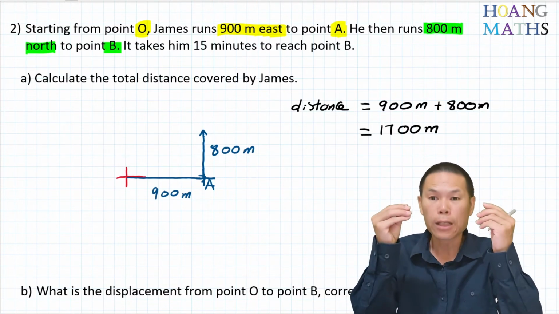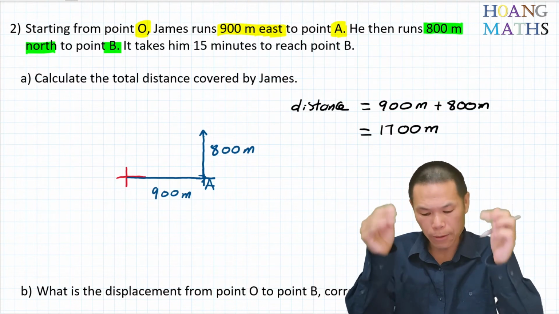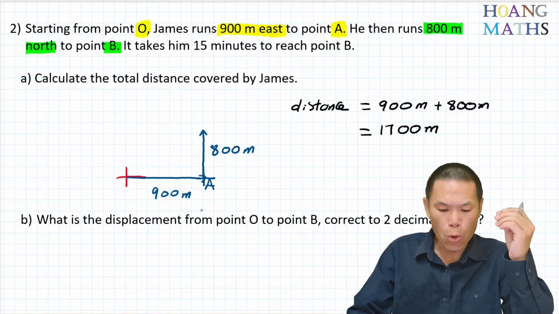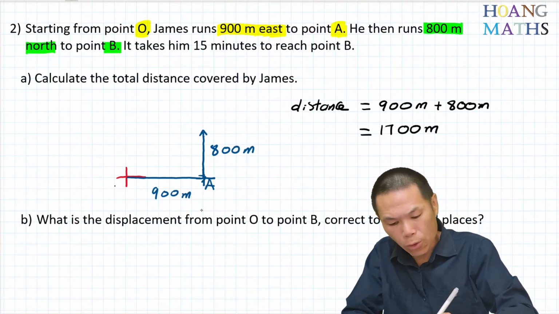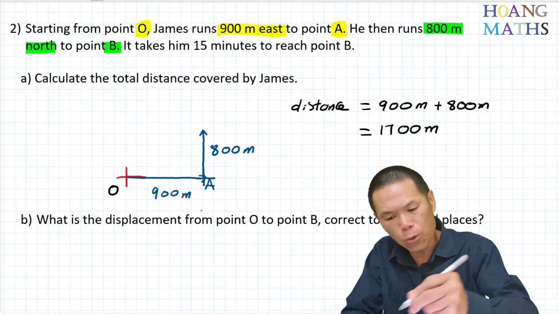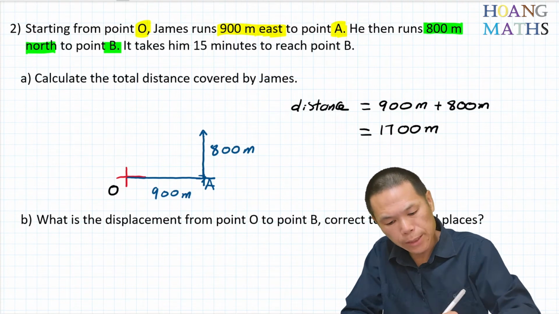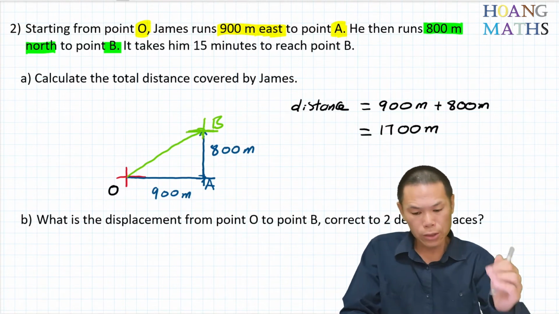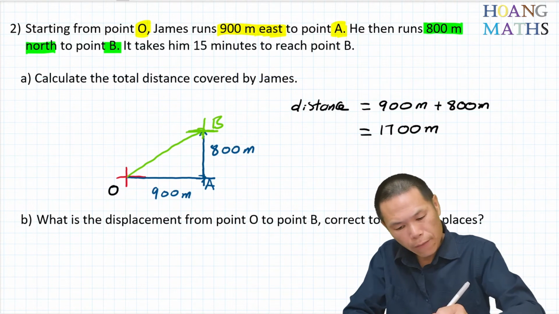That is the total distance that James covered. Now part B. What is the displacement from O to B? So this is O, of course. From O to B is this vector here, and this is B.